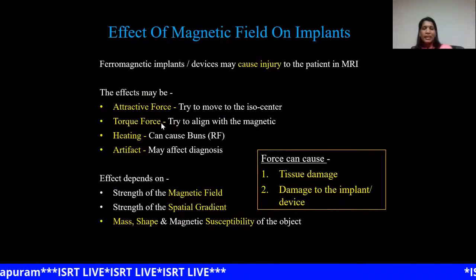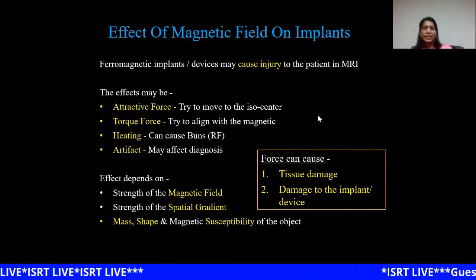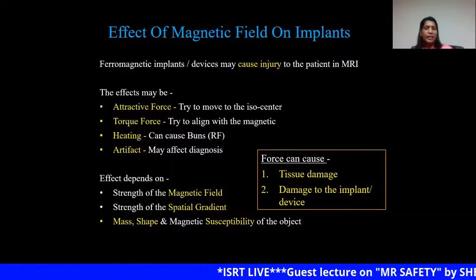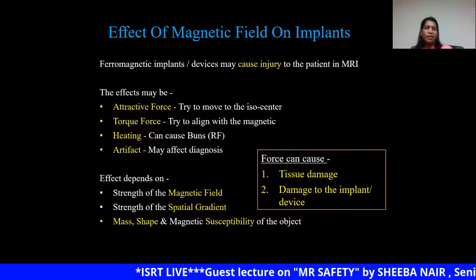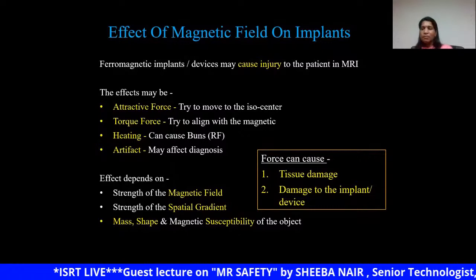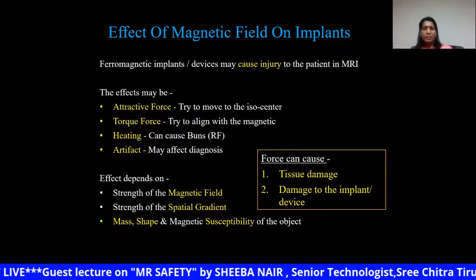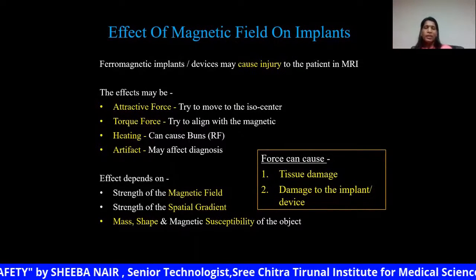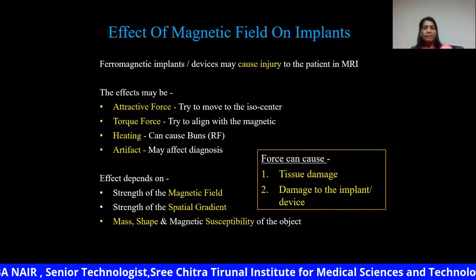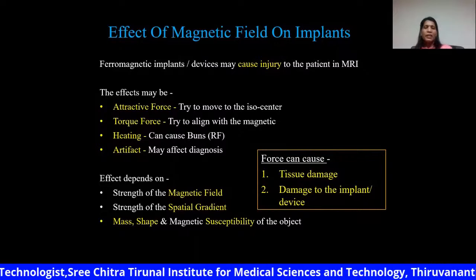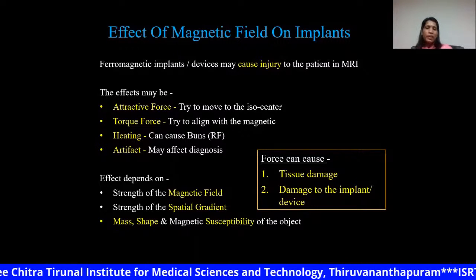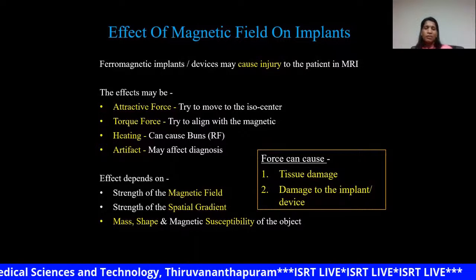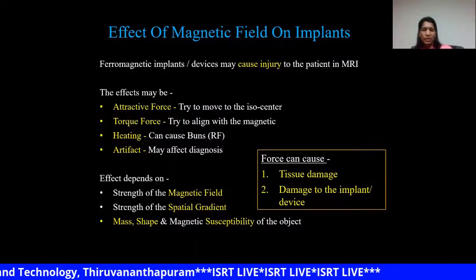Also, once in a magnetic field, these magnetized devices will try to align with the external magnetic field, that is, torque force can occur. Also the RF energy will be deposited more concentrated on these implants, which can produce heating. And certain implants can produce artifact, which makes the image less suitable for diagnosis.